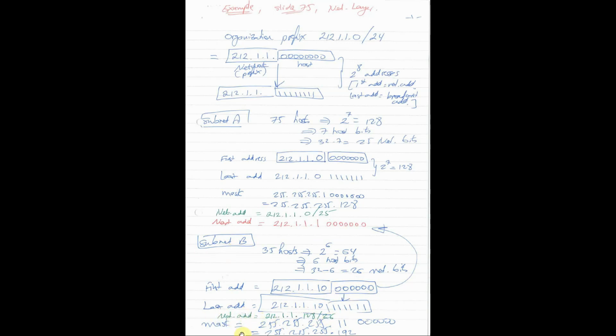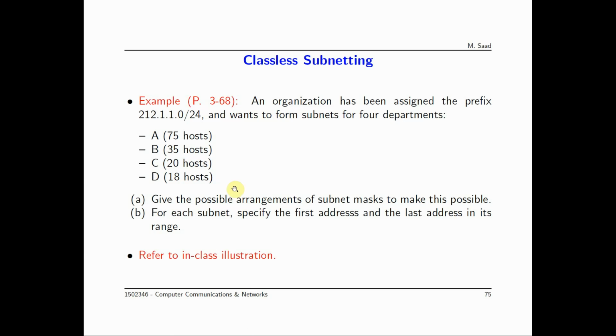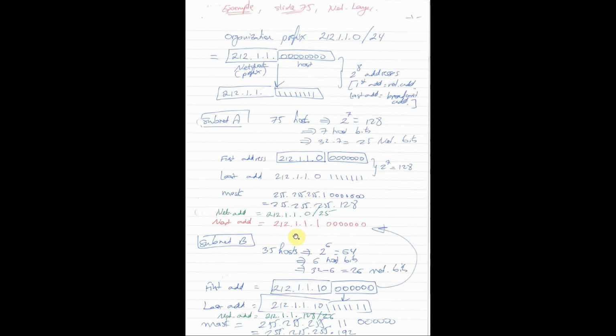Of course, the subnet mask used was also required here in A. What is the subnet mask that we need to implement Subnet B? The subnet mask is simply 26 ones followed by 6 zeros, or its decimal equivalent. 26 ones: 255.255.255, that's 24 ones, followed by another 2 ones to make 26, and then followed by 6 zeros.